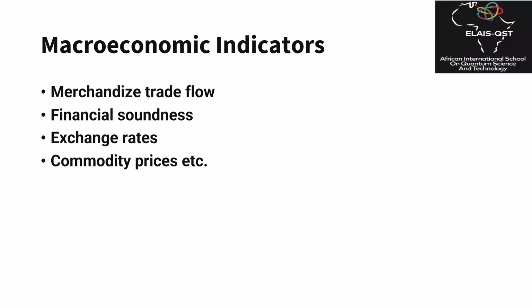I talked about various macroeconomic indicators that could be utilized. Basically, the Bank of Ghana provides some data for some of these macroeconomic indicators, for example, merchandise trade flow, financial soundness, exchange rates, and commodity price. There are other macroeconomic indicators, actually.